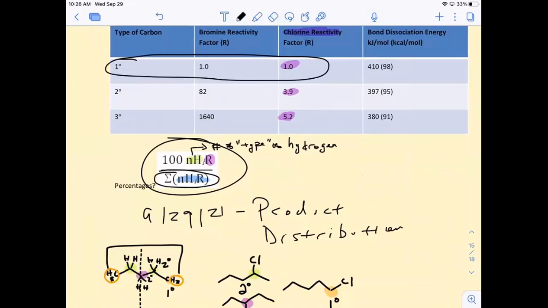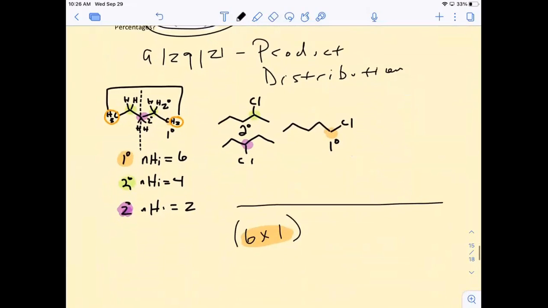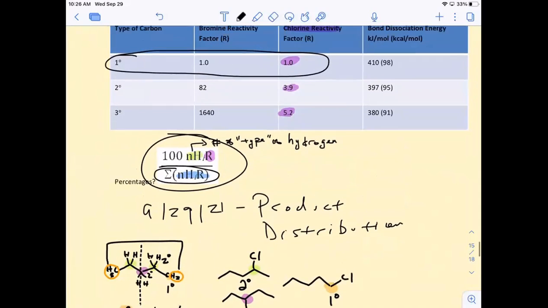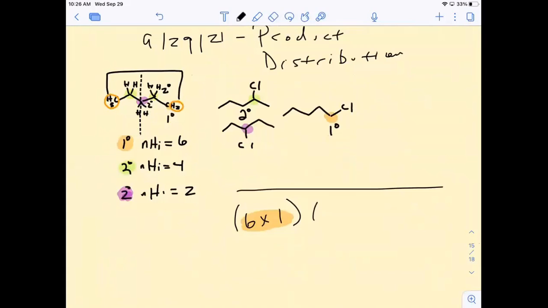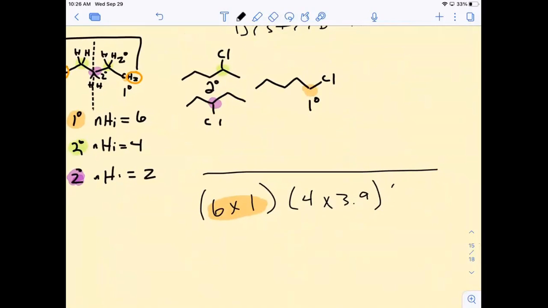Yes. And then for secondary, R is 3.9. So we're going to do 4 times 3.9, and then for the other secondary, 2 times 3.9. Once we get that sum at the bottom, we won't have to recalculate it.